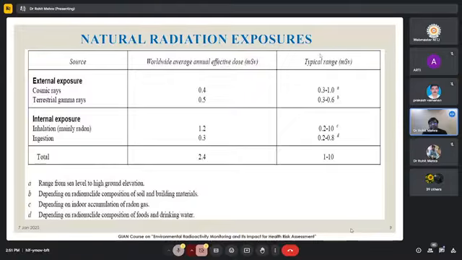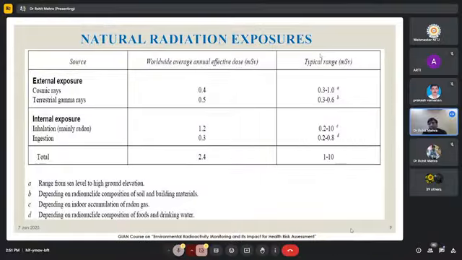And then from inhalation, that is mainly radon, nearly 50 to 55% of the total annual average effective dose, that is 1.2 millisieverts, is only from inhalation of radon. And then due to ingestion, you get around 0.3 millisieverts. So in totality, it is on an average 2.4 millisieverts per year. That is the world average.